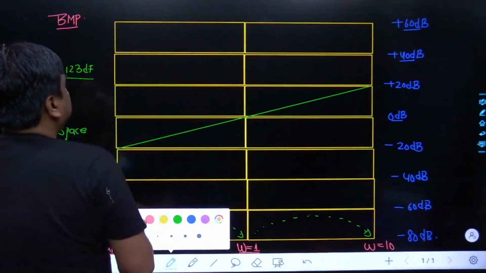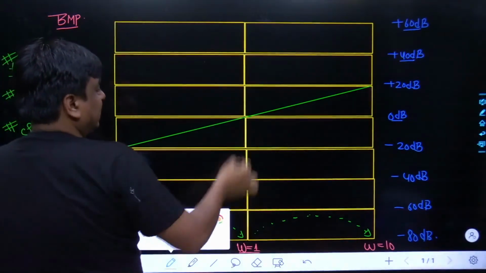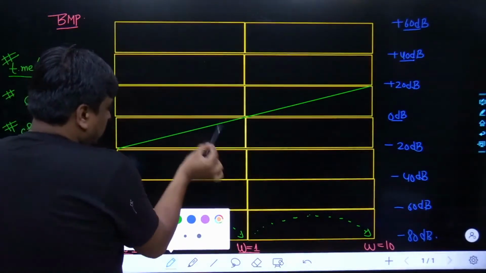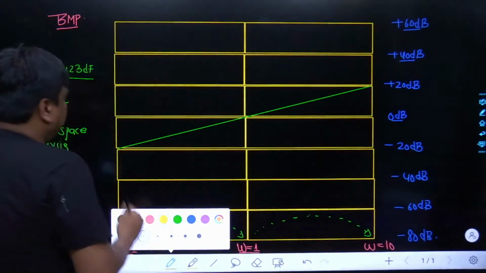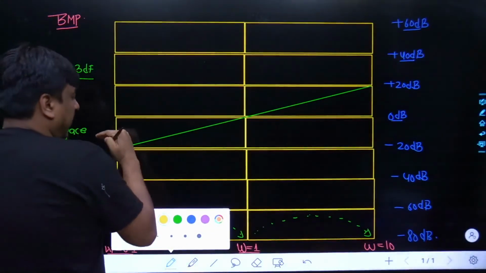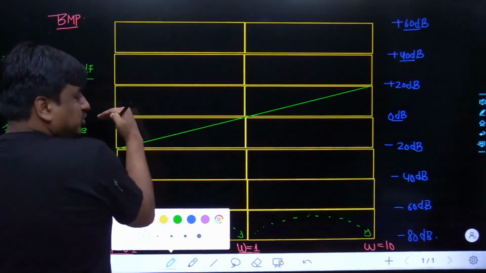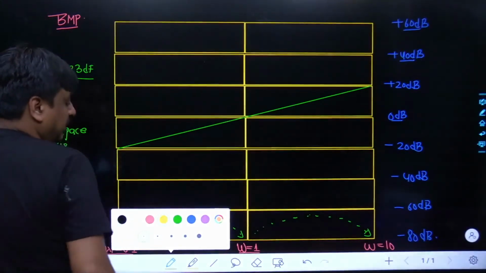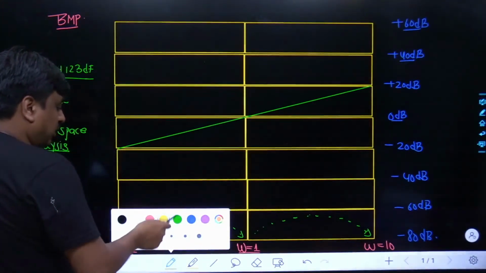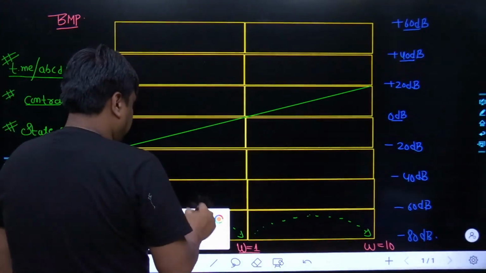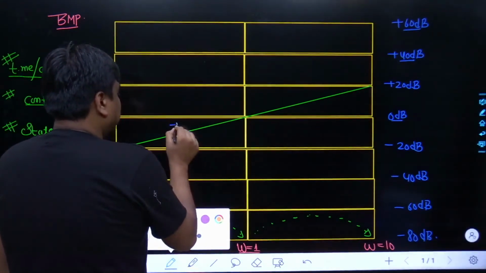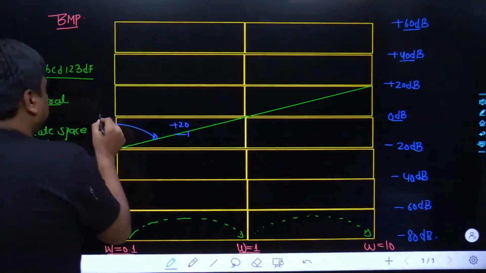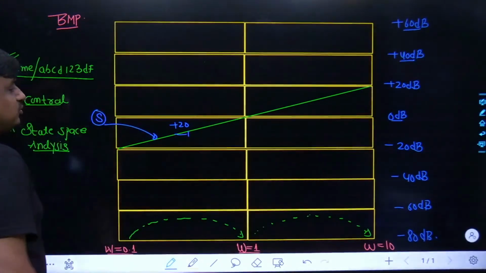This was the omega equal to 0.1 vertical line, this is 1 and this is 10, so the jump was 1 decade. Similarly, the jump in the magnitude line from minus 20 to 0 is a rise of plus 20 dB per decade. So the slope of this curve is plus 20 dB per decade, and this stands for the factor S.